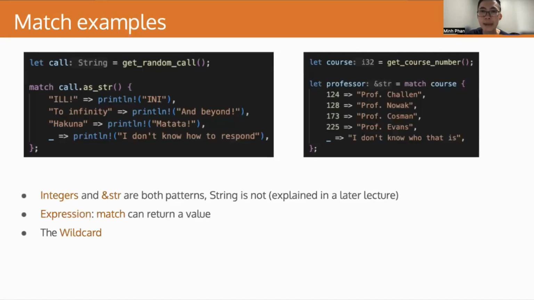So let's look at this example from earlier. Here we only care about 4 classes: 124, 128, 173, and 225. And for all the other classes like 233, 341, 374, we just represent them with a wildcard. That means the rest of the values, and I don't care about them. I don't know who the professor is.